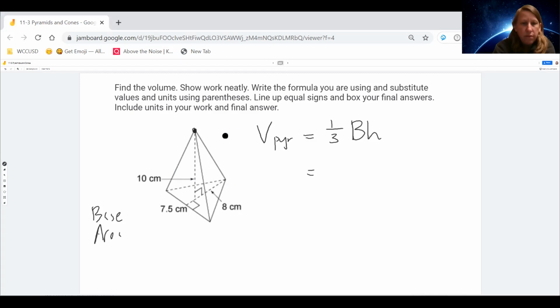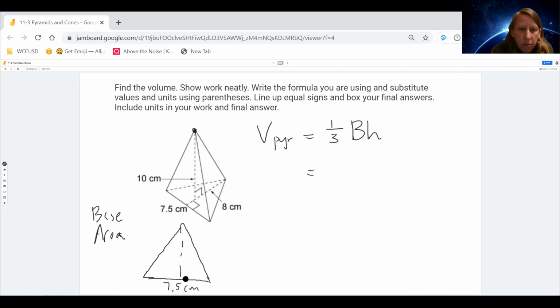Well, what's the base of this? The base of this is a triangle that looks like that. Okay, and I'm going to bring the measurements with it. It is 7.5 centimeters along the base of the base. The base of the base, little base, and so we have the base of the pyramid, and then we have the base of the base.